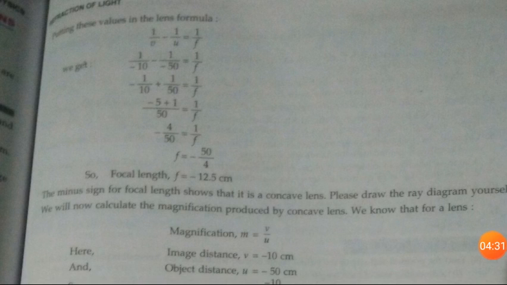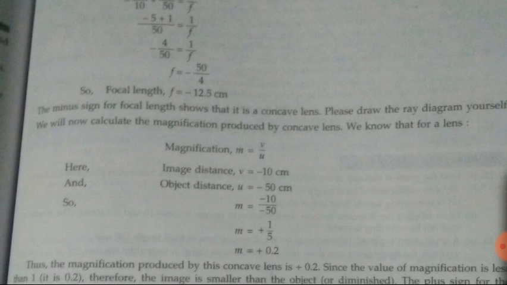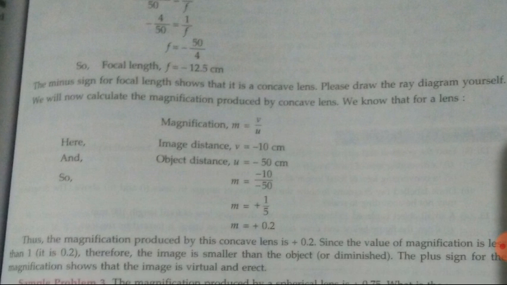So by using the lens formula, we find f equals minus 50 upon 4, or minus 12.5 centimeter. This is the focal length, and because the concave lens always makes virtual images, the focal length also has the minus sign. Now for magnification, we have one formula, v upon u.